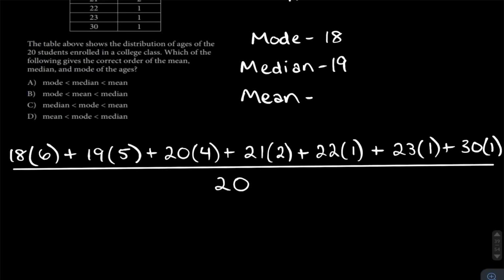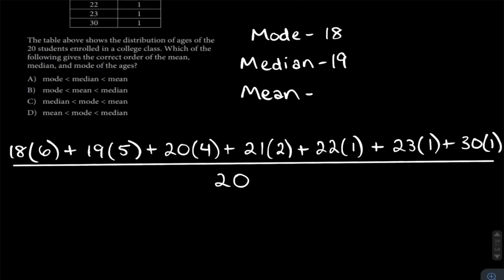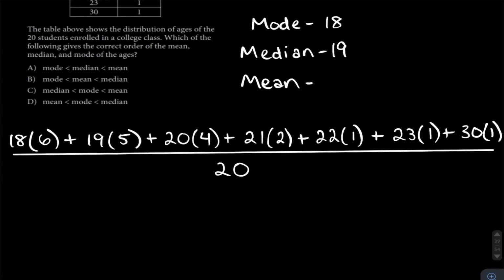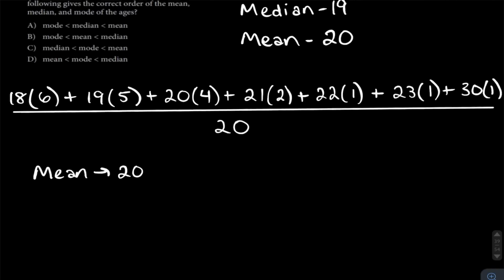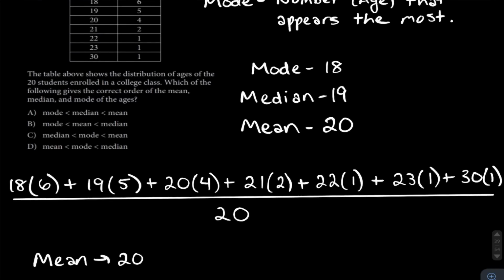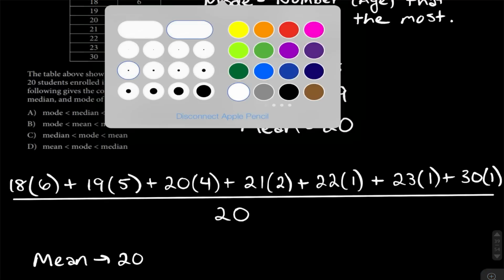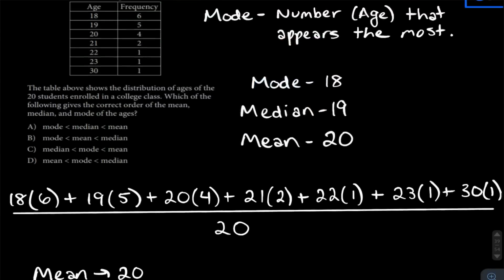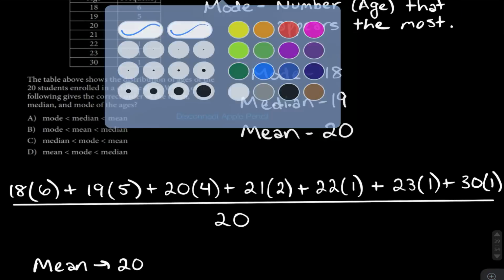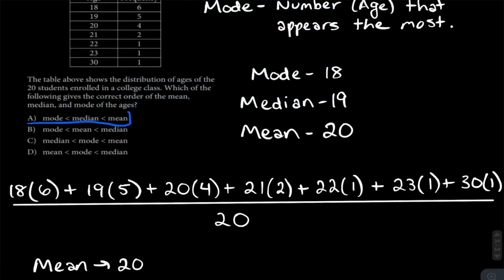That would just be a waste of thumb movement. But when you actually plug all this in, you get that your mean is 20. And so the mean is the greatest, the mode is the least, and which one has that? Well, it looks like choice A. And which color are we on? We're on blue. So give this a nice circle in blue.